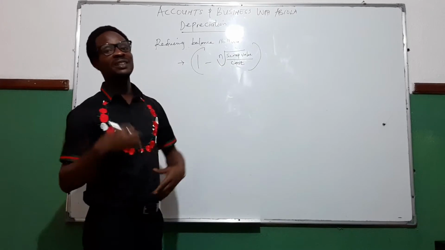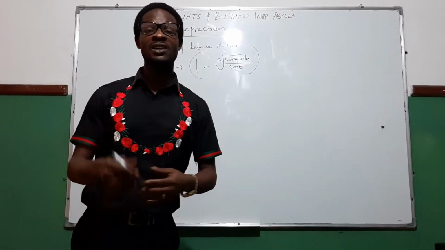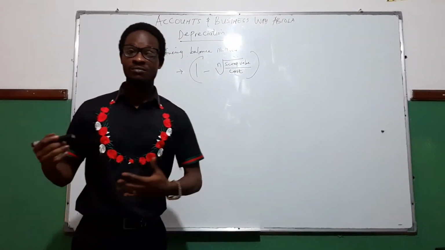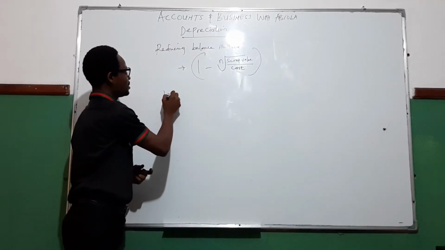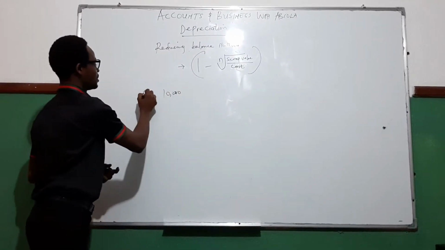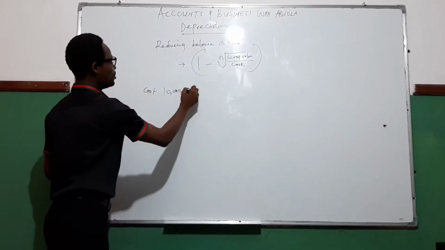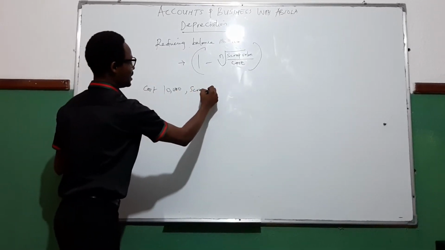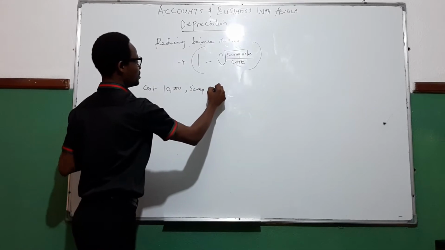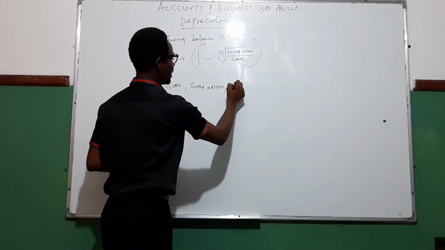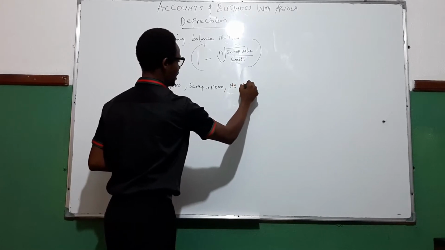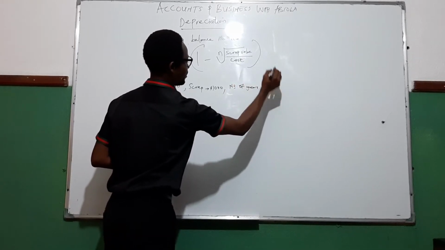For instance, in the example that was used in the straight line method of depreciation, cost was $10,000, scrap value was $1,000, and the expected number of years was 5.